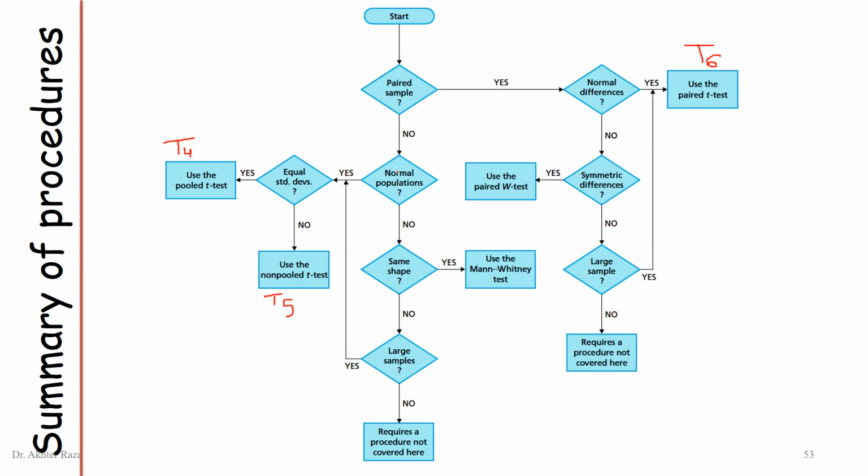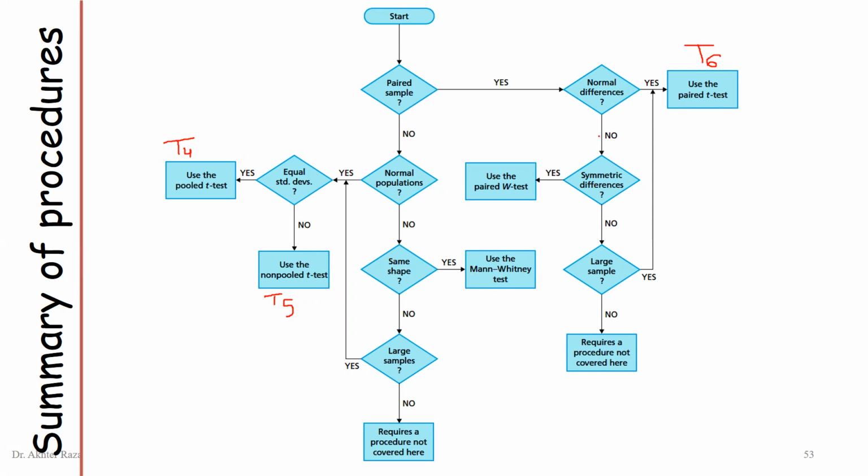If the populations are not normal, then next check same shape and large sample. Again, if the populations are not normal but the samples are large, then again we have to switch to either pooled or non-pooled. Similarly, if we have the same shape, meaning sample 1 is right skewed and sample 2 is also right skewed, then we can use the Mann-Whitney test.